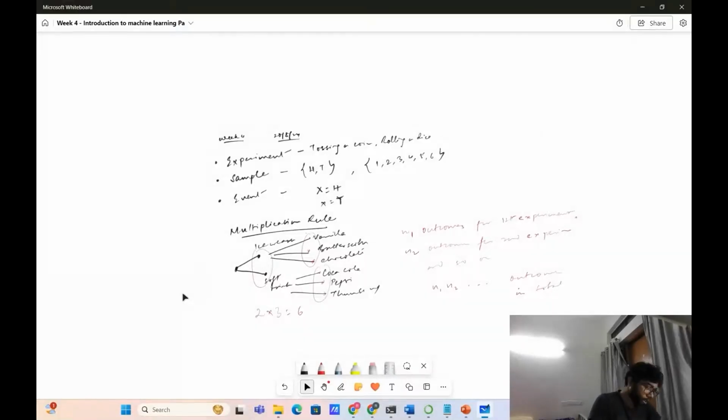Okay. Another thing I want to highlight before we go on to describe probability. Okay, I'll write it here. This is basically part of something called combinatorics.